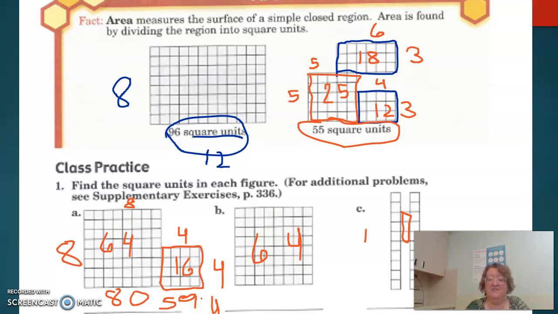So we would have 10 on this side and 10 on this side. And 10 plus 10 plus 3 would give us what, class? 23 square units. All right, very nice.